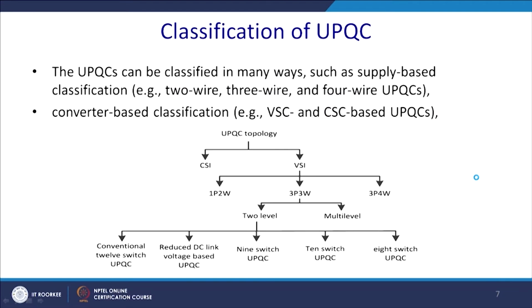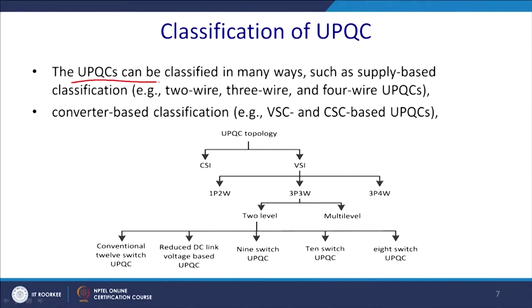Please note that UPQC is actually put into the distribution level. Transmission level discussions will be done after a few classes, once we discuss UPQC thoroughly. The UPQC can be classified in many ways based on the supply.